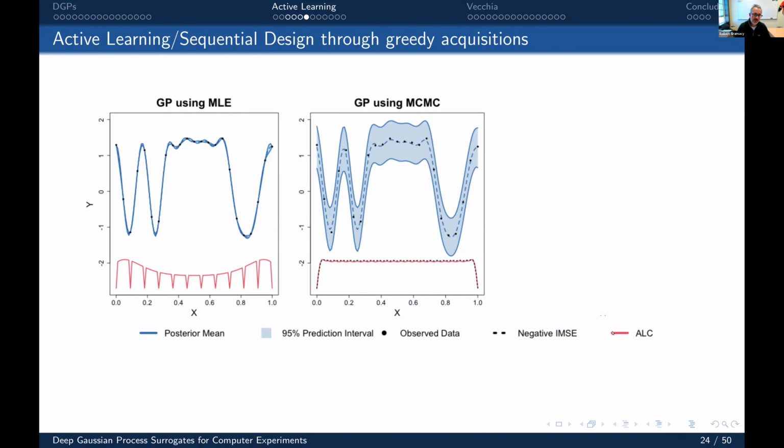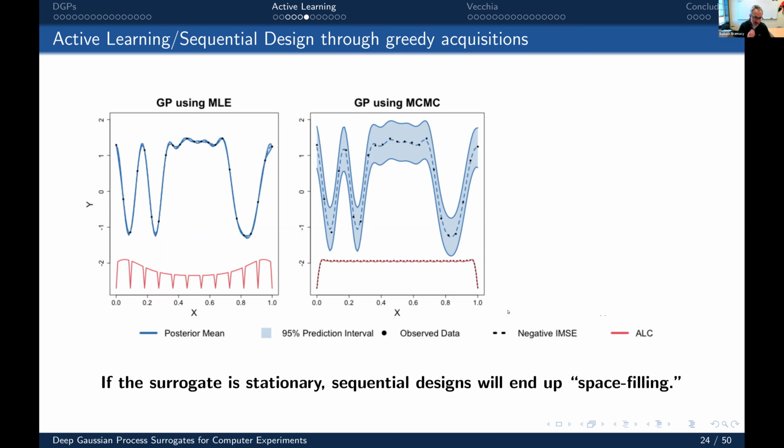And what do we observe here? If the surrogate is an ordinary Gaussian process, if it's stationary, then these metrics are going to be high in between training data locations. That's the case here too, although perhaps more importantly it's just uniform, except at the very boundaries of the input space where I have a training data location.